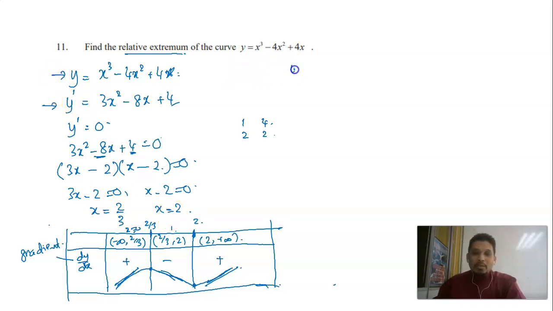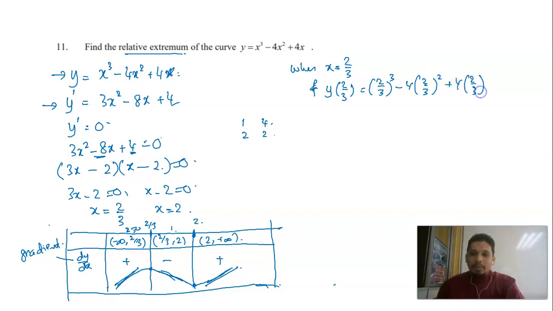Okay, so when x equal to 2 over 3, then y for 2 over 3 equal to 2 over 3 cube minus 4 times 2 over 3 squared plus 4 times 2 over 3.